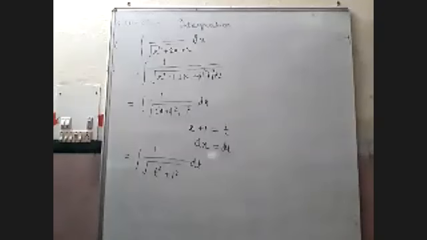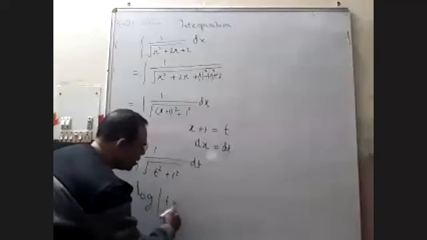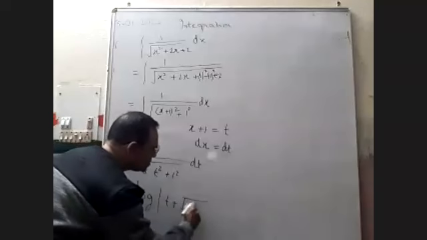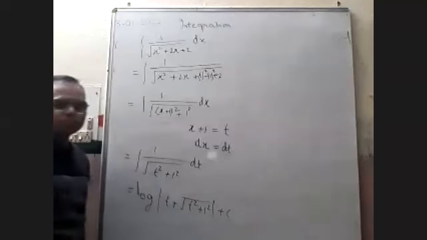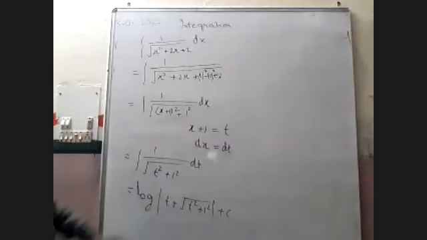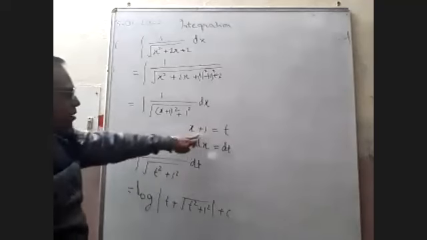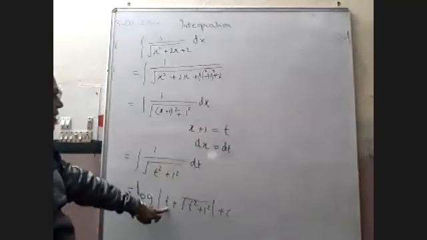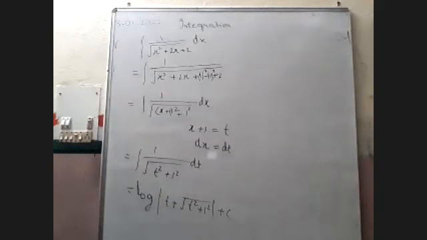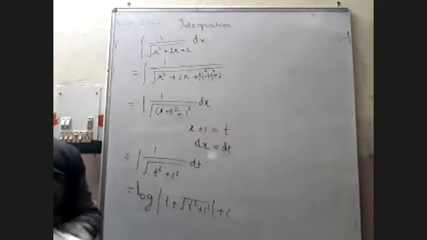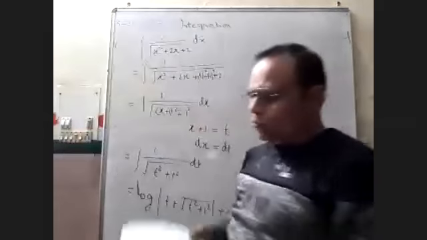The integration is log of t plus under root t square plus 1 square, plus c. Okay, but we have to convert t into x plus 1. You can write x plus 1 in place of t. Then the integration is completed. So what you have to do is form the standard form by using the completing square method. Okay, just take care of this thing.